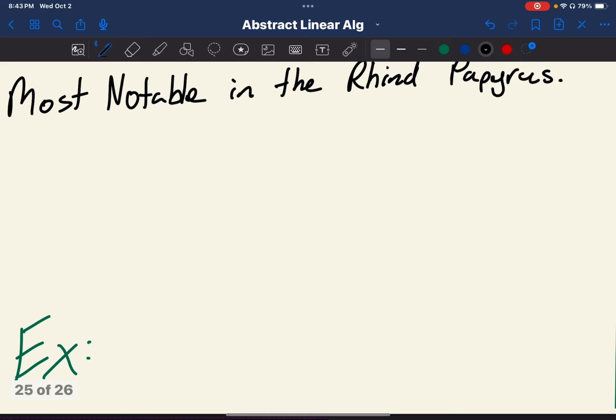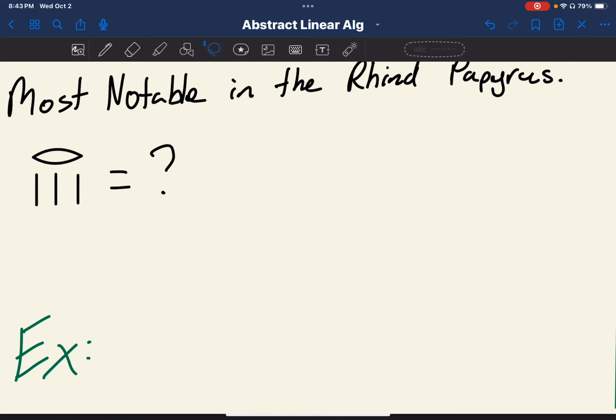I'm going to show you a little bit of the notation that they did use back in the day. We have up here, notice this eye-like hieroglyph. This is the reciprocal, or we can think of it as the line in our fractions, right? This is what denoted the number 3 here as being 1 over 3, not just 3.